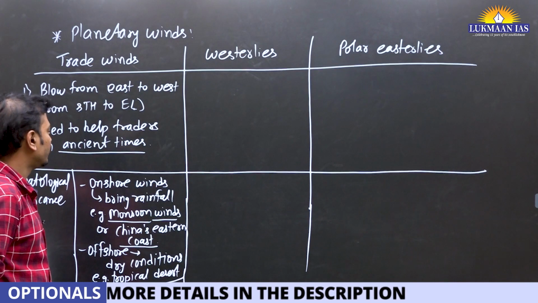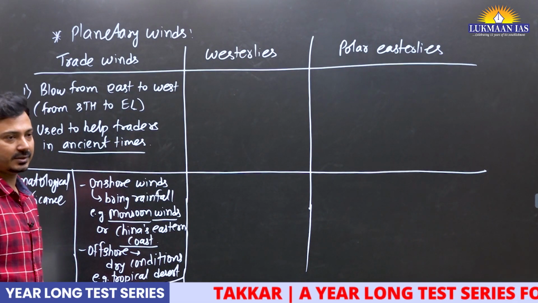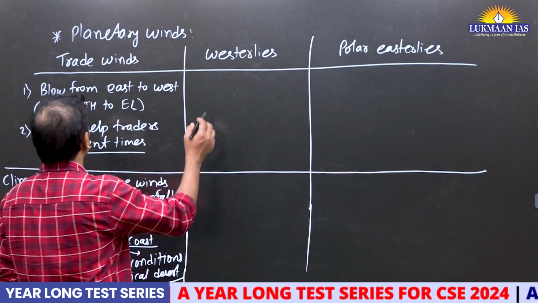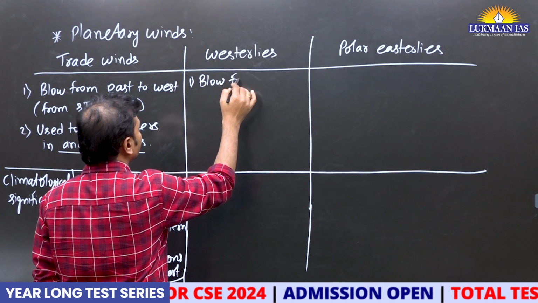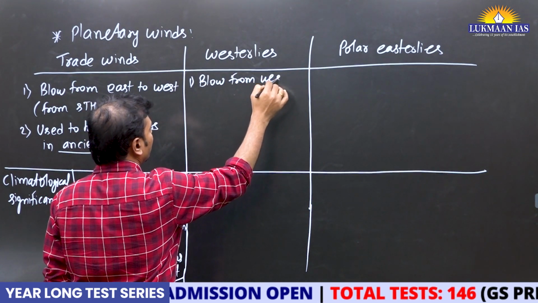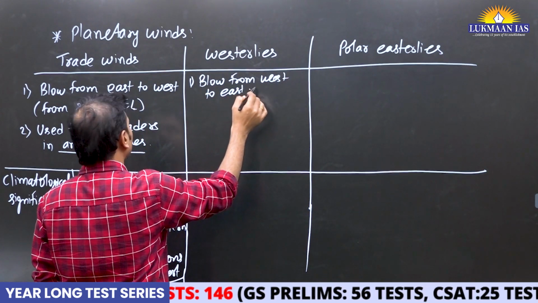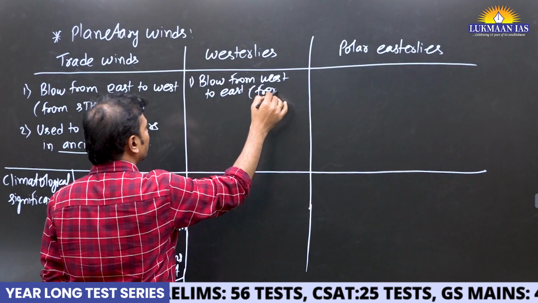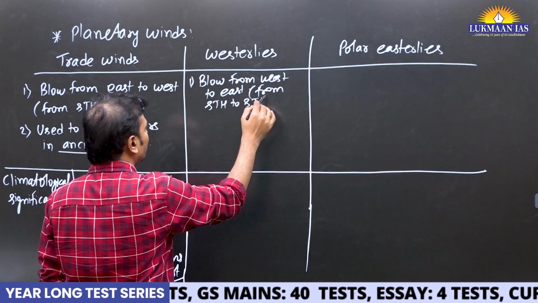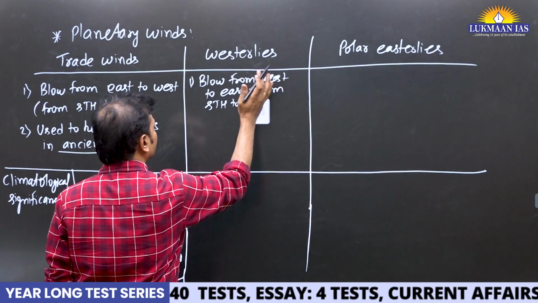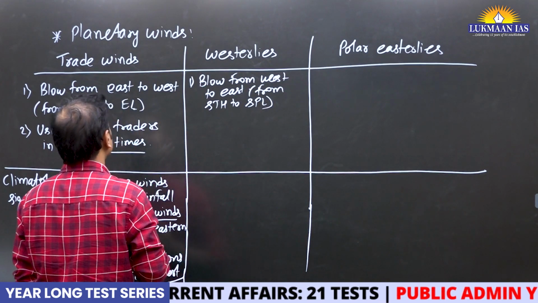ठीक है? Fine. Now let's talk about westerlies. They blow from west to east and from subtropical high to subtropical low pressure, subpolar low pressure. Okay.